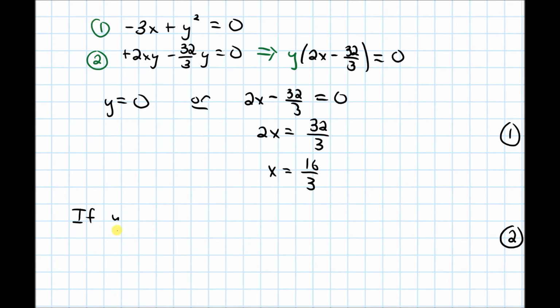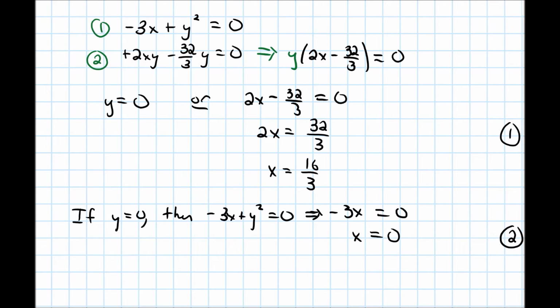So if y equals 0, then when I plug it into the first equation, negative 3x plus y squared equals 0, that implies, so that arrow just means implies, that implies that negative 3x plus 0 equals 0. And if I divide by negative 3, we get x equals 0.